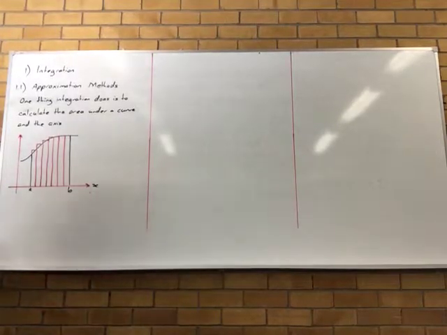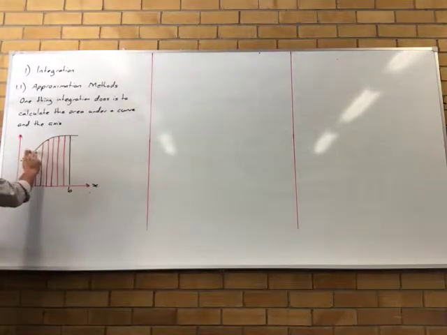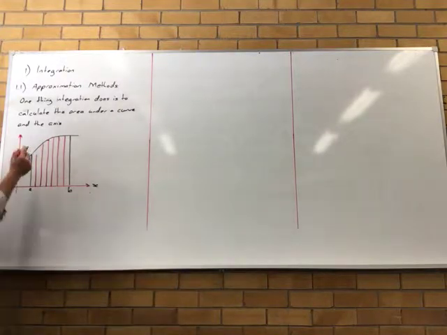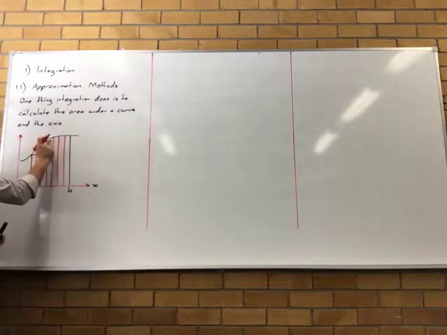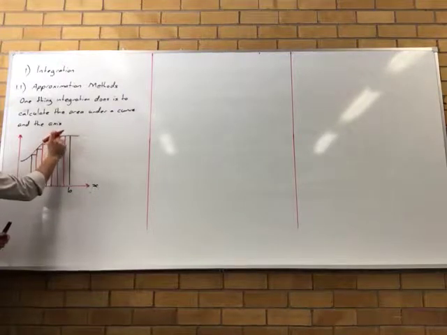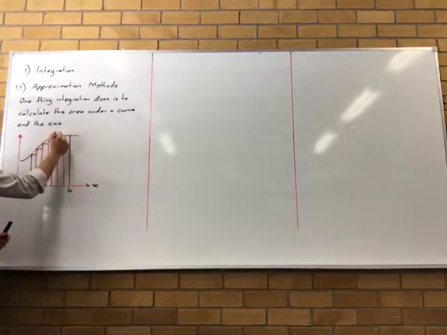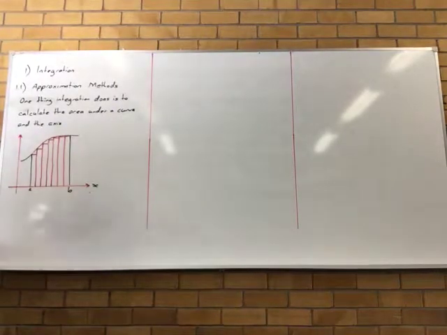Now, we've done the rectangles above to give us an overestimate of the area. What we can also do is do the rectangles to touch below, and this will give us an underestimate of the area between the curve and the axis.